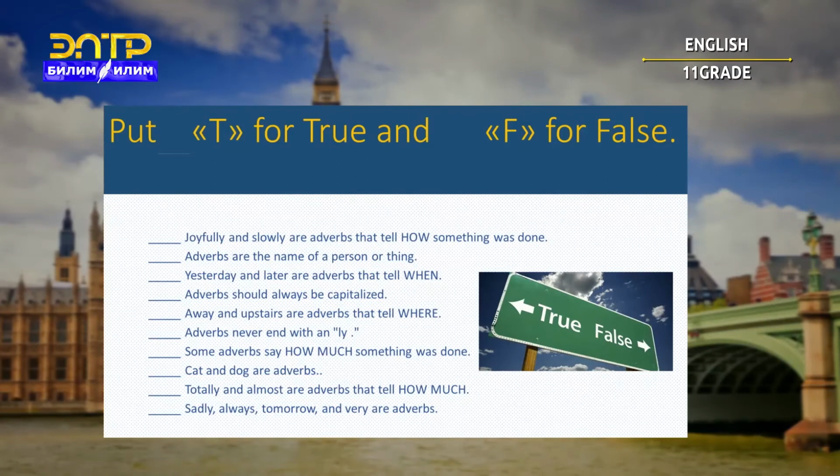Let's get started. The first one is joyfully and slowly are adverbs that tell how something was done. And that is true. Well done. Number 2, adverbs are the name of a person or thing. That is false.